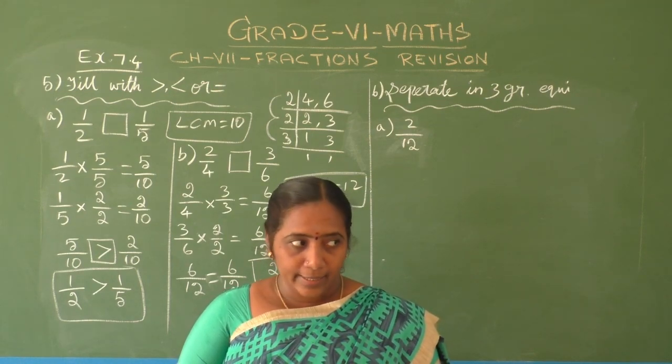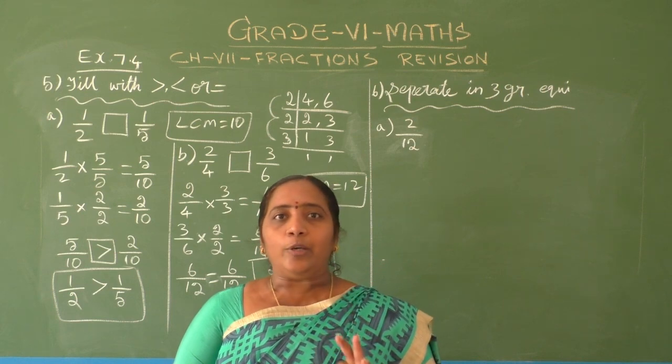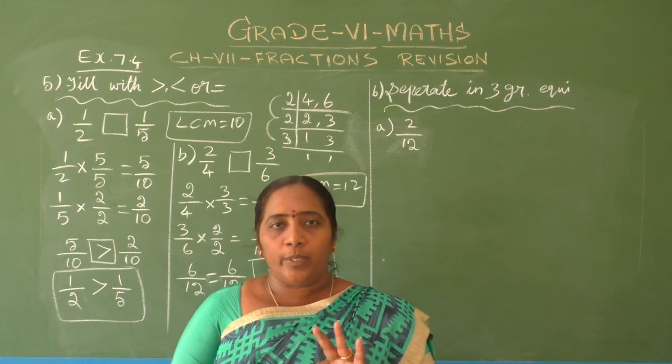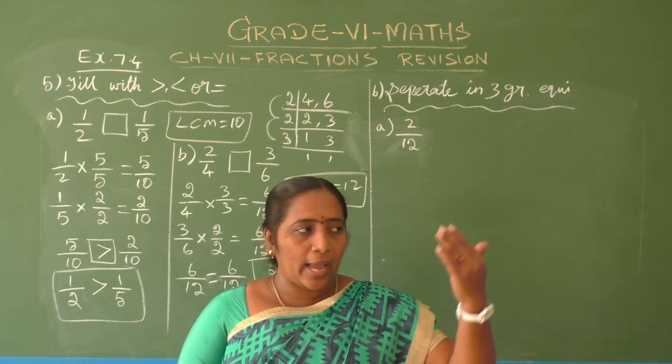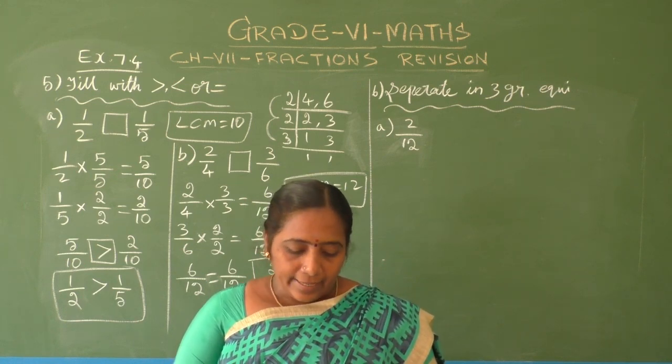After the final answers, we have to arrange them into 3 groups, because all the answers will come in 3 groups. The fractions giving the same answer, we have to arrange into the same group.